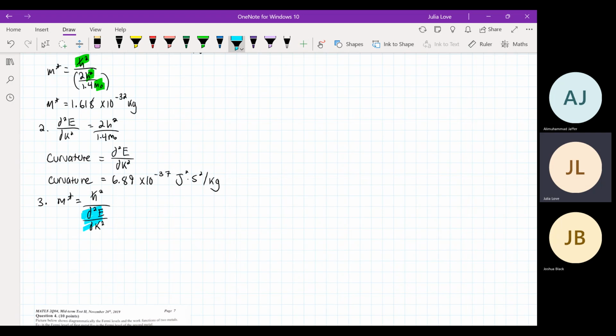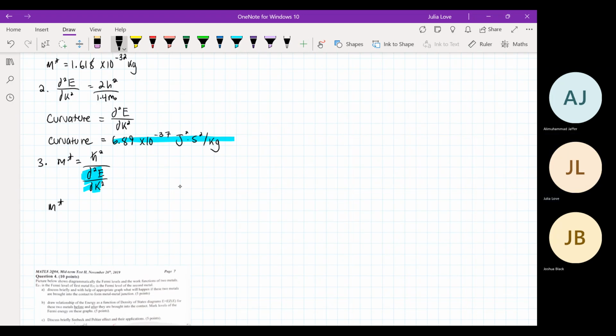We're basically going to take this and plug it in as that number with the same h constant that we have seen before, to get an effective mass here of 1.618 times 10 to the minus 32 kilograms.